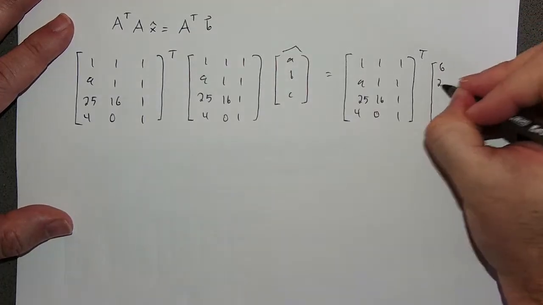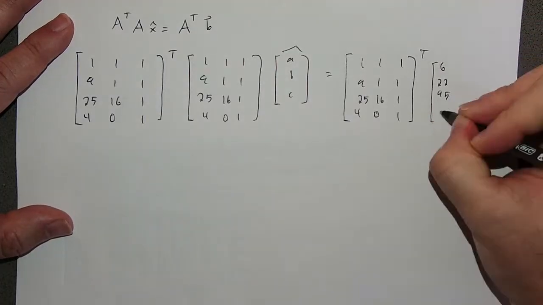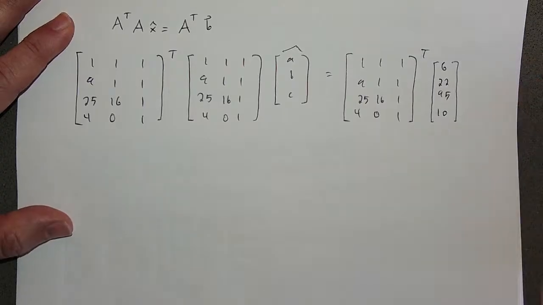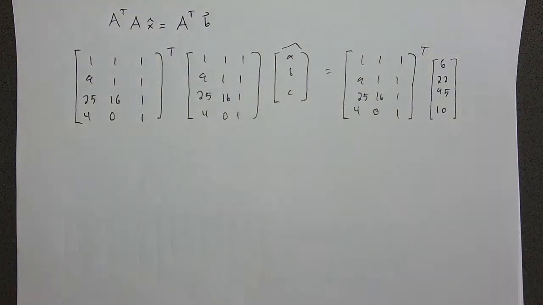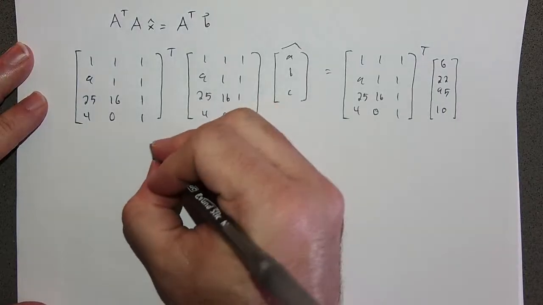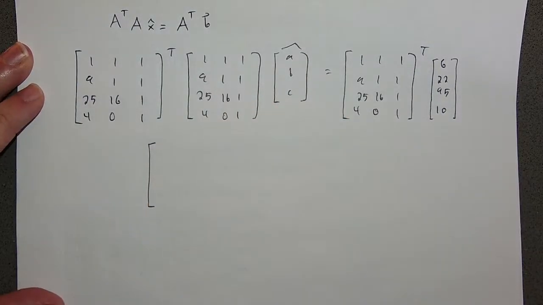Which is 6, 22, 95, 10. All right, so there's my normal equations. If I multiply this out with the aid of a computer, what do I get?